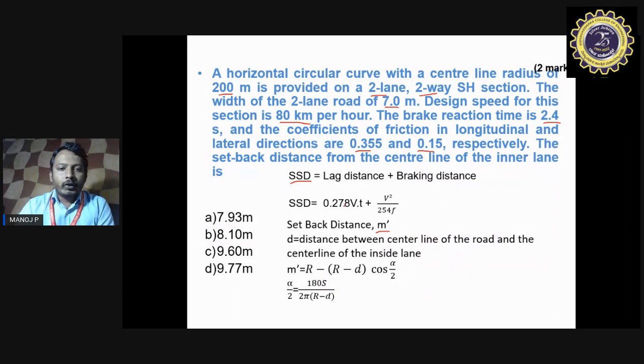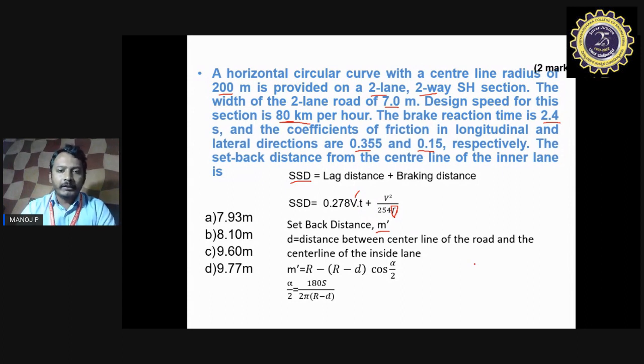So what is the equation for stopping sight distance? 0.278 Vt, capital V into t, plus V square divided by 254 f. The value of V here is given as 80 kilometer per hour. What is the value of f? The f value depends upon the speed.